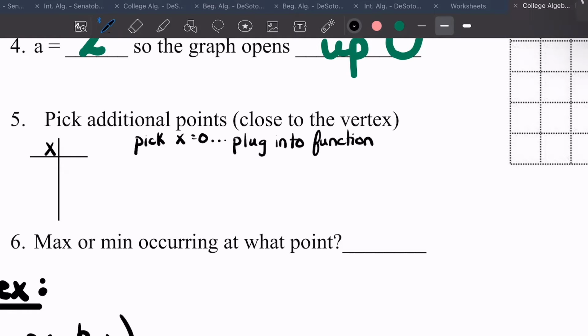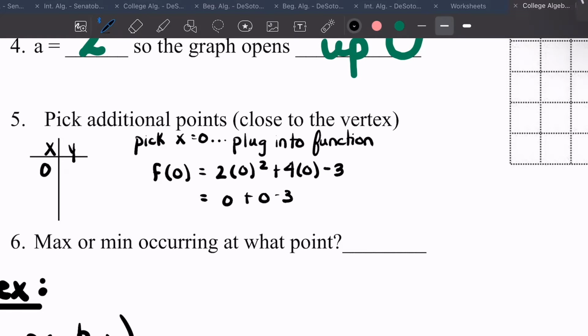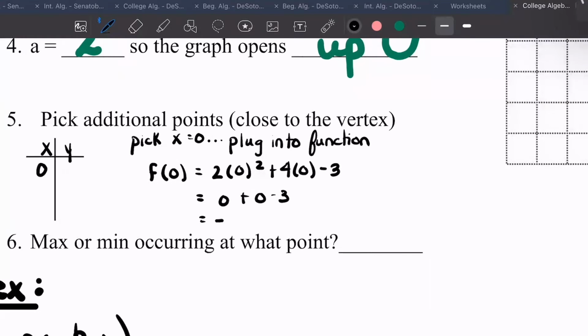Okay, so if we have x, y, our x is 0 on our little t-chart over here. So we're doing f of 0 equals 2 times 0 squared plus 4 times 0 minus 3. Okay, so we get 0 plus 0 minus 3. So we get -3.